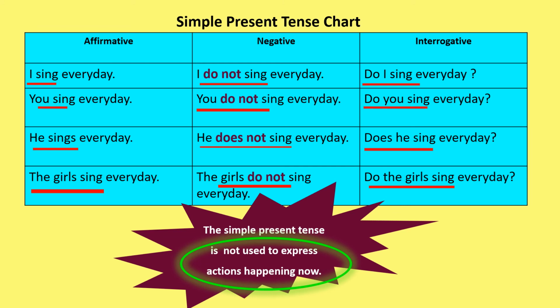If you're going to express actions happening now, it becomes continuous. Therefore, remember, the simple present tense is not used to express actions happening now.